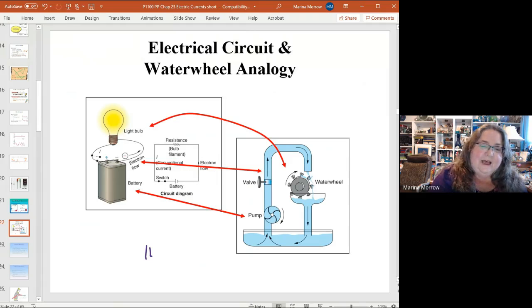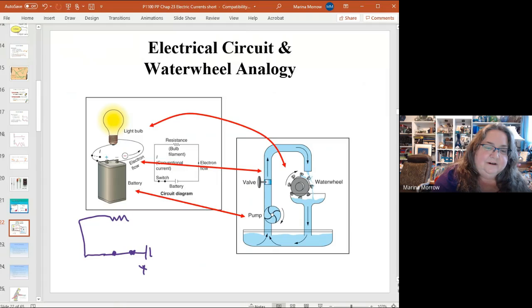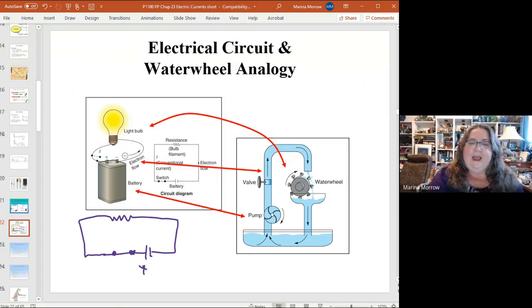The longer side represents the positive side of the battery. A switch can be represented by two dots to show this is a switch that can open. Resistor. And by convention, current comes out of the positive end of the battery, so that would be where I is going.